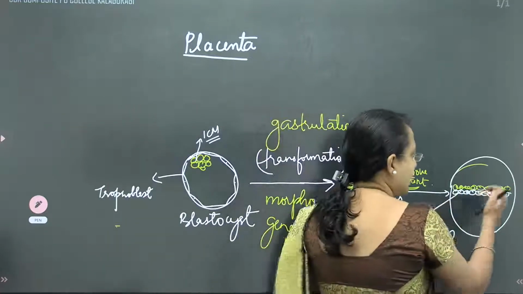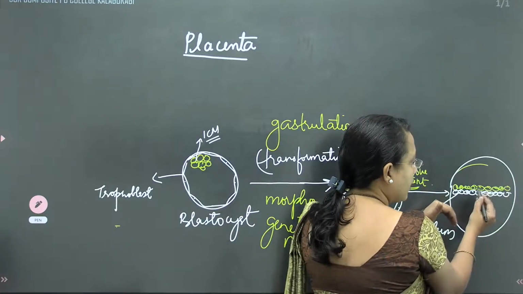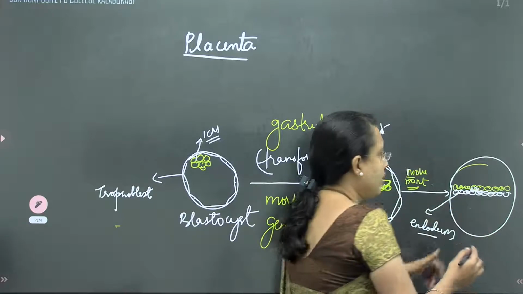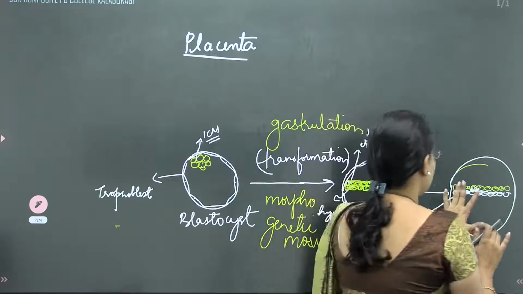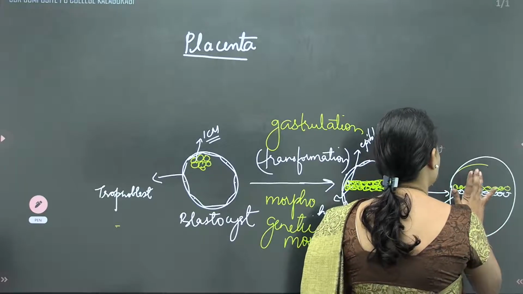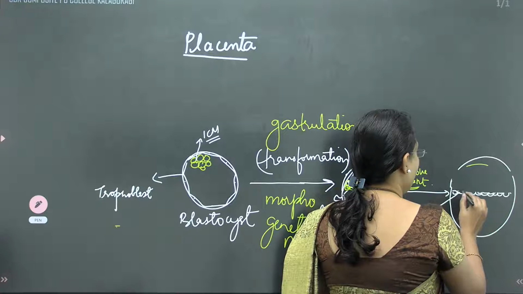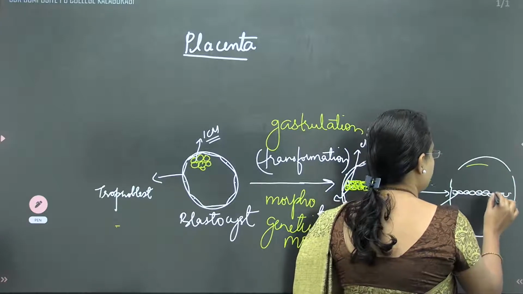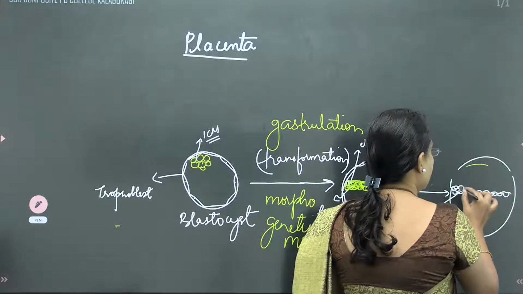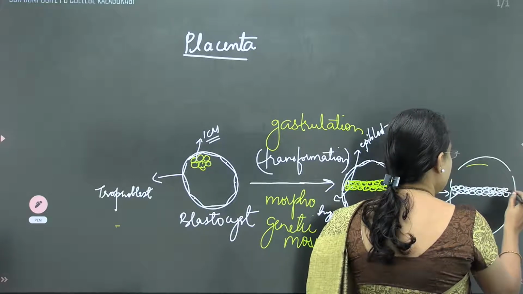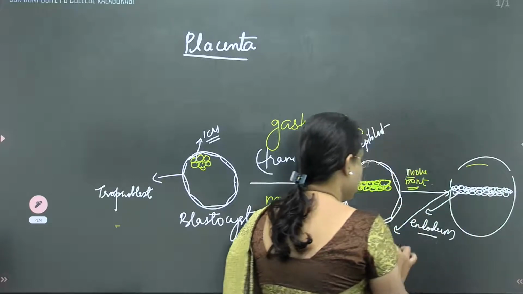Further cell migration continues from the primitive streak. It will continue in the middle also, and therefore a middle layer is also formed. This middle layer will be the mesoderm.